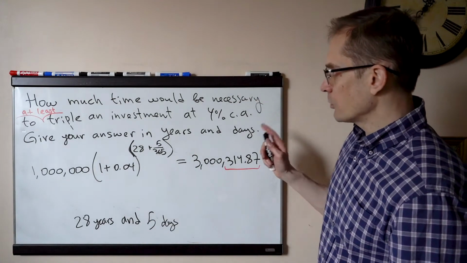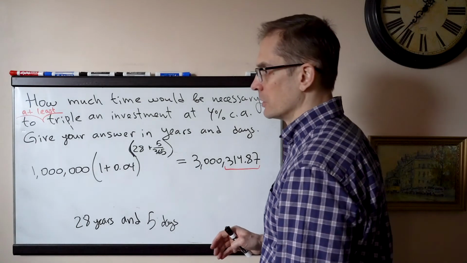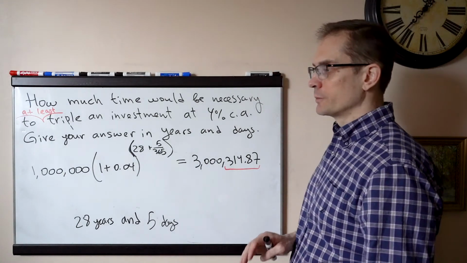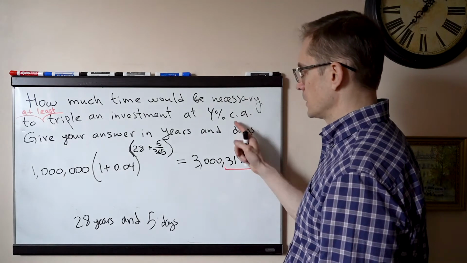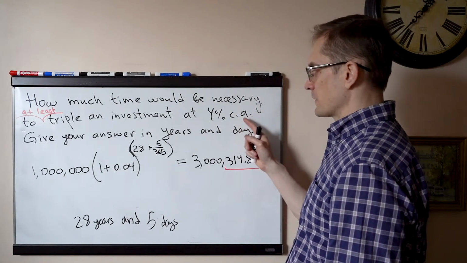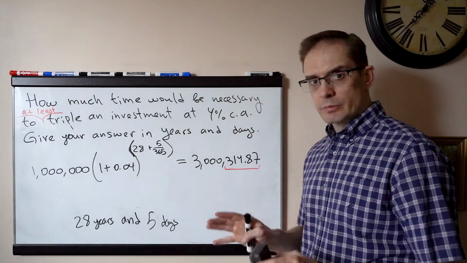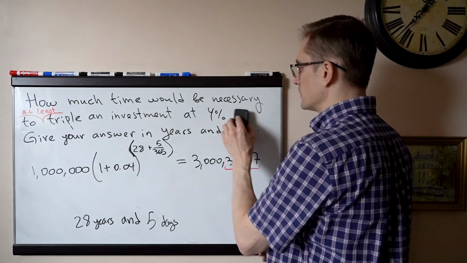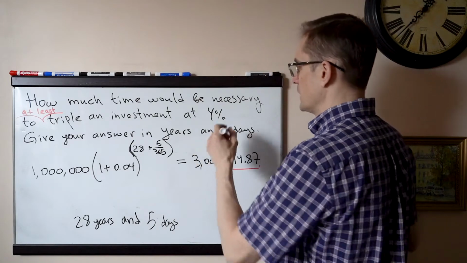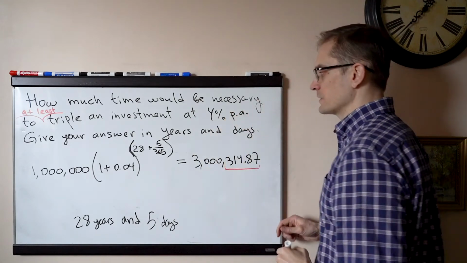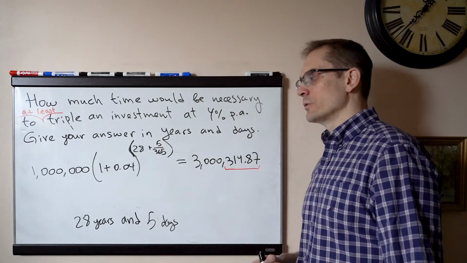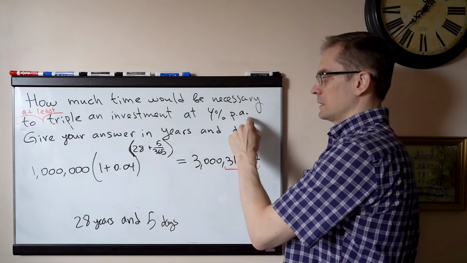Now, actually, I want to use this problem also to show you that you should be cautious about this rate and how it is phrased here. So it's compounded annually. Let's just pretend that this problem was PA, right? And the reason I want to show you this is so that you are careful about rates.